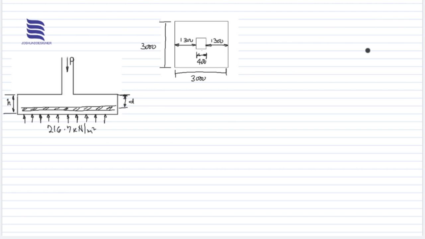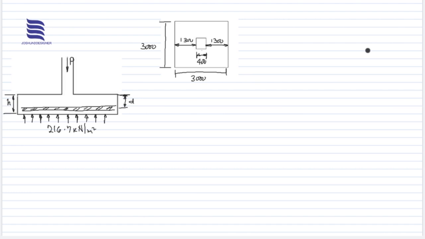I already explained this. The base area obtained from the previous video is 3 meter by 3 meter, and we have a 400 millimeter square column acting on the base. So we have the same distance on the right and to the left, which is 1300 millimeters, and that's exactly what we have here.